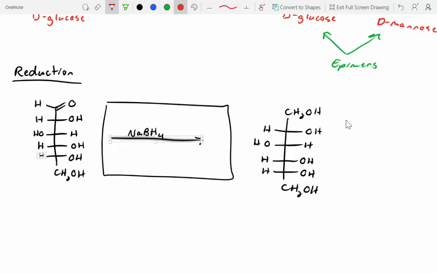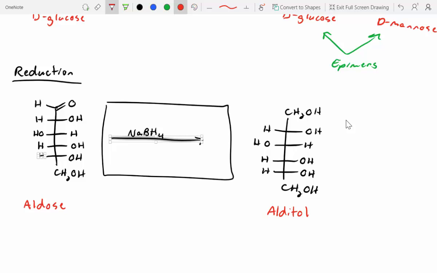If you think about our starting material, it was called an aldose. The product of this reaction where you reduce that aldehyde is actually referred to as an alditol. An alditol is really just a carbohydrate that's been reduced.